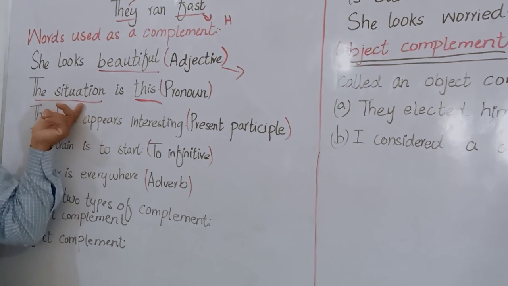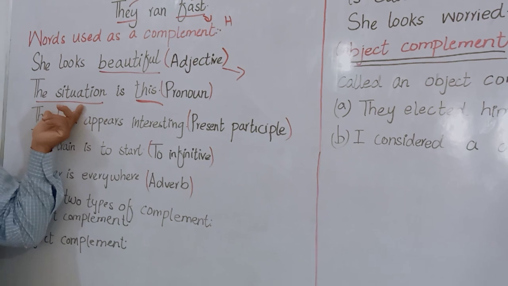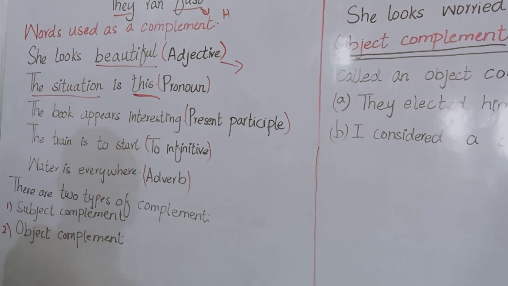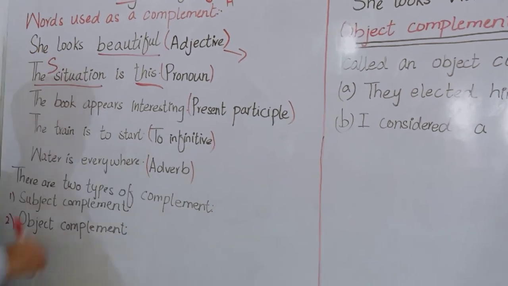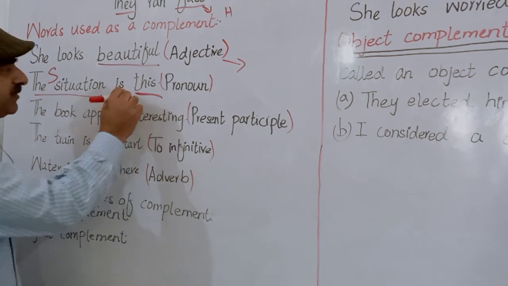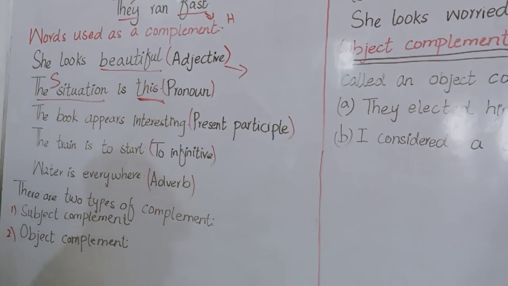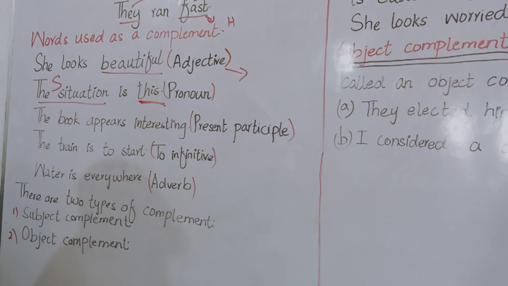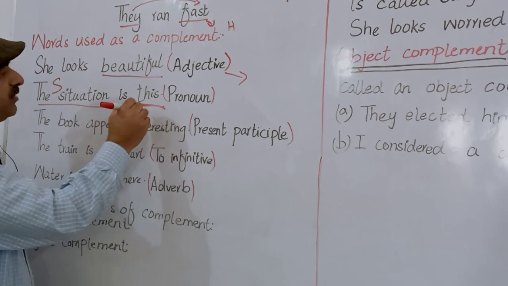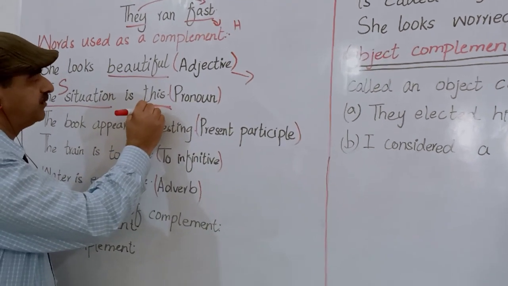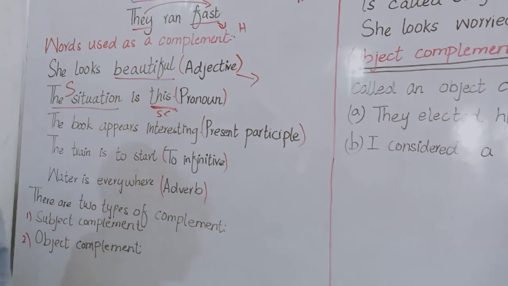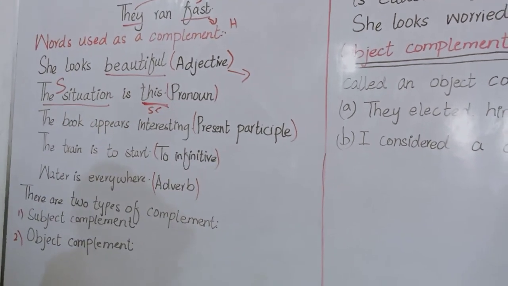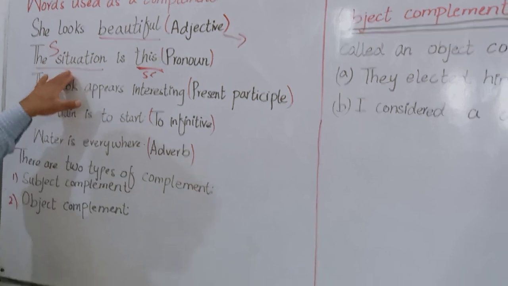Be very attentive, be alert. The situation is the subject. And what is this? Pronoun. And actually it is a complement, a subject complement, that is completing the subject, the situation.